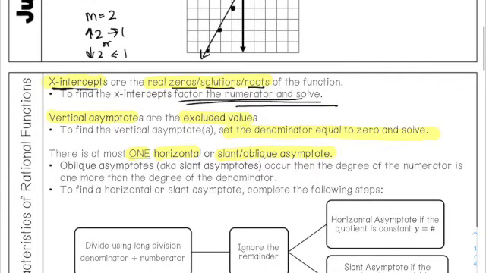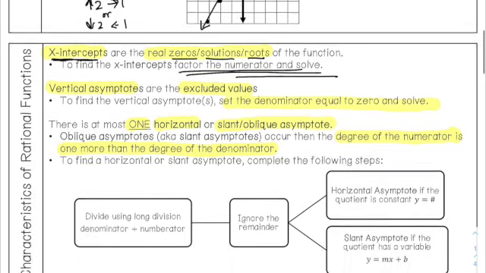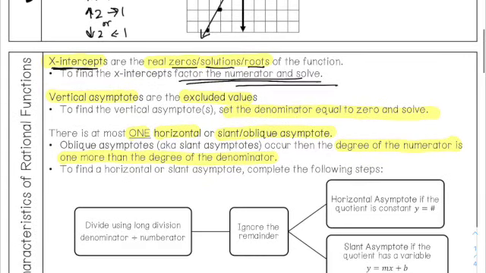So oblique asymptotes, aka slant asymptotes, occur when the degree of the numerator is 1 more than the degree of the denominator. To find a horizontal or slant asymptote, complete the following steps. So step 1 is to divide using long division, denominator divided by numerator. So here when you do this, you do bottom on the outside divided by top on the inside.